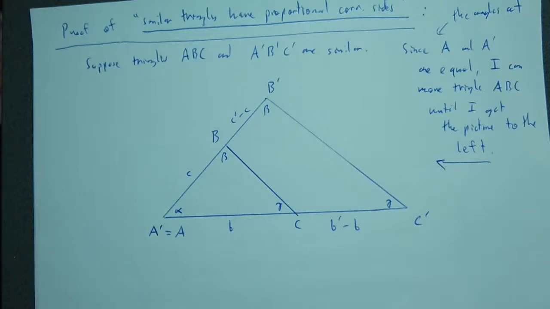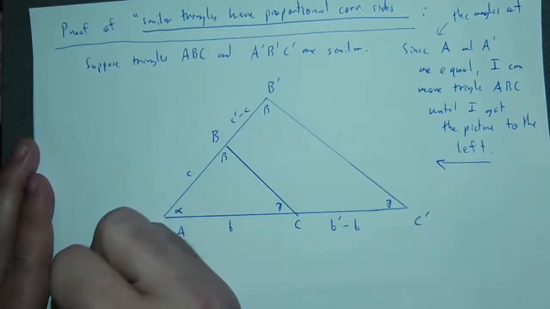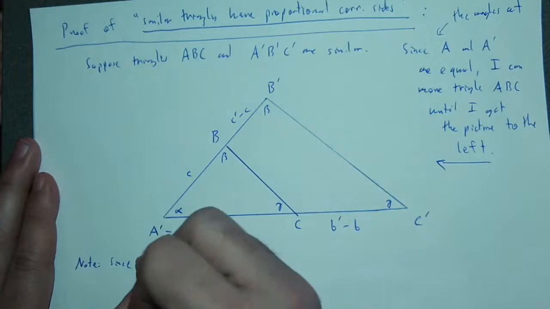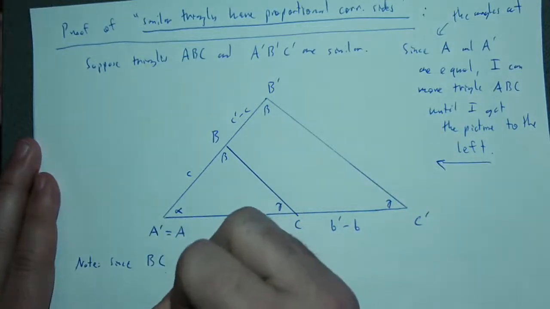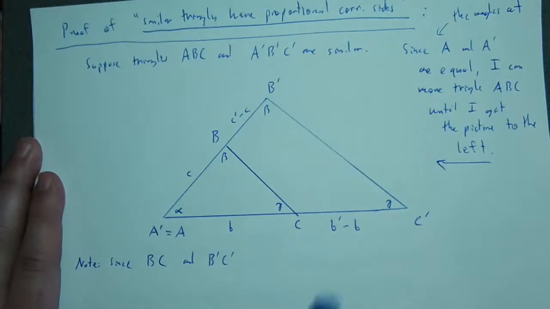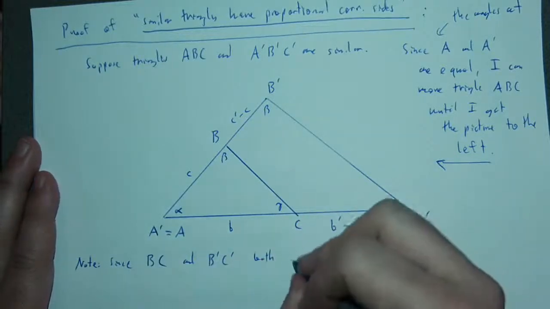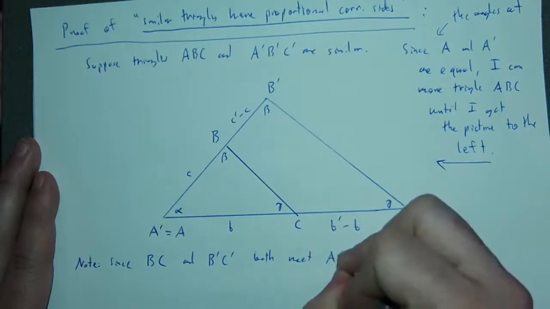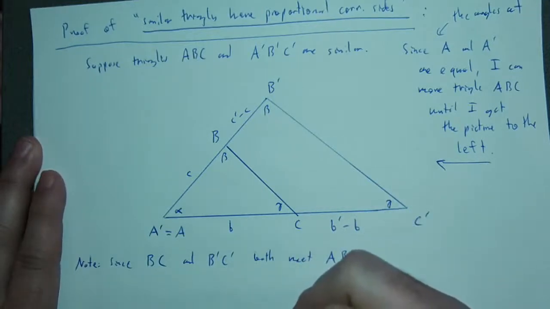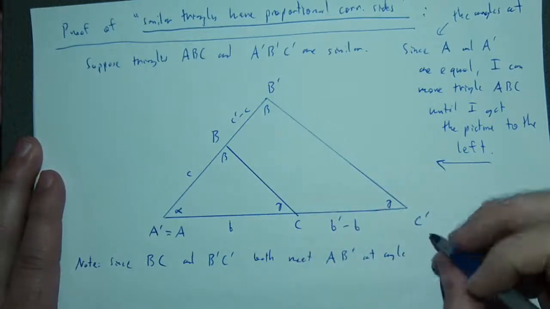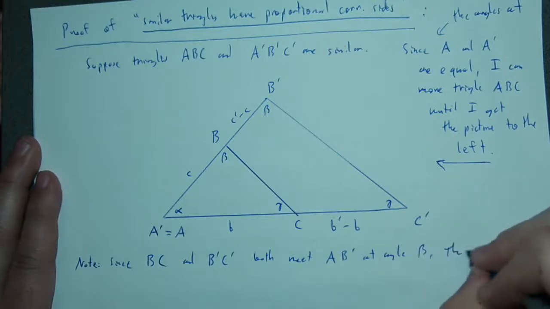Now, what does this tell us? Note, since BC and B prime C' both meet, say, AB prime at angle beta, they are parallel.